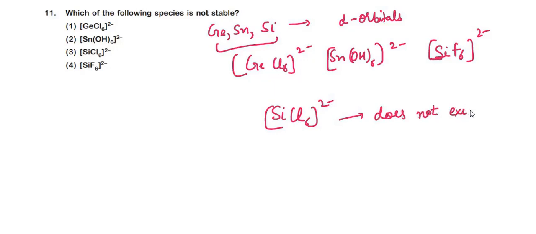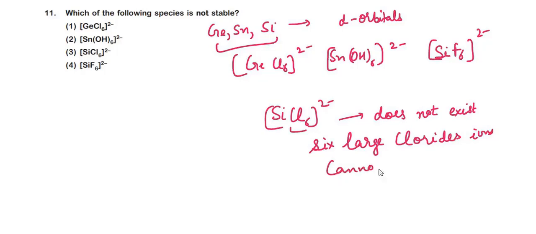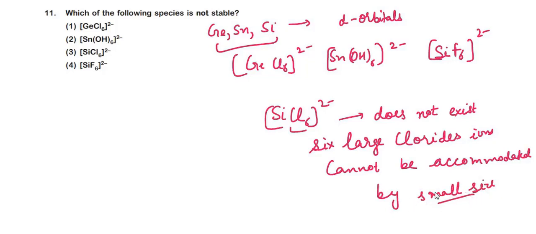This does not exist because the size of chlorine is large, and these 6 large chloride ions cannot be accommodated by the small size of silicon 4 positive.